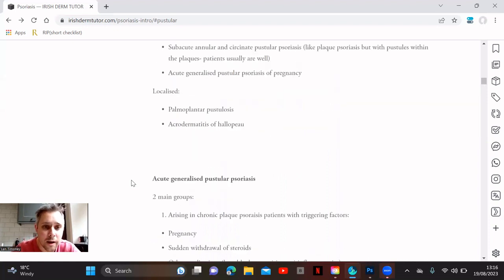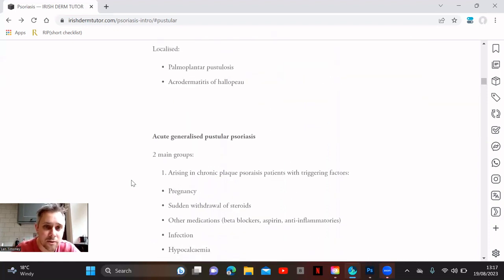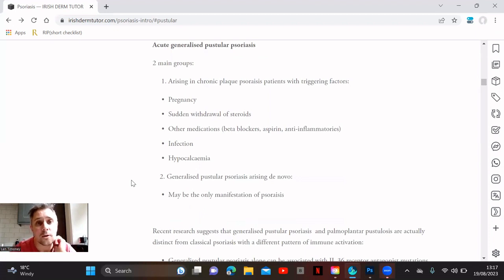And then you can get localized variants of pustular psoriasis, such as palmoplantar pustulosis, which might actually be a distinct entity compared to psoriasis, and acrodermatitis continua of Hallopeau, which I'll go into in a bit as well. When we're talking about acute generalized pustular psoriasis, there are two main groups overall. One is where it arises in patients who already have chronic plaque psoriasis, and something may have just triggered a pustular eruption.